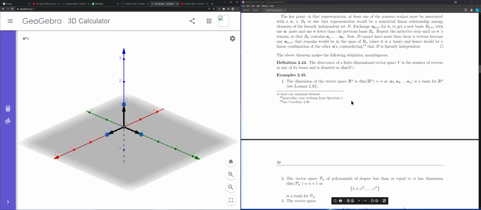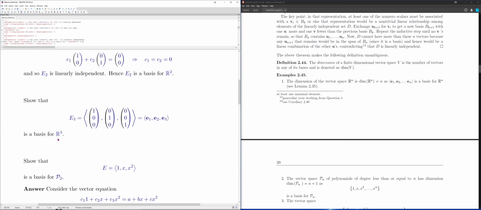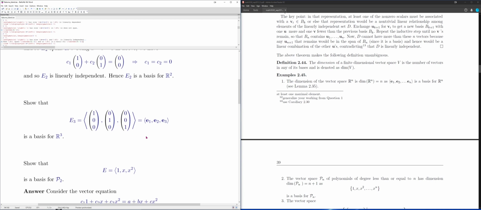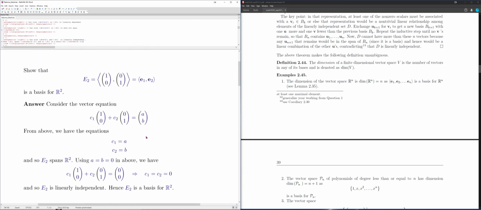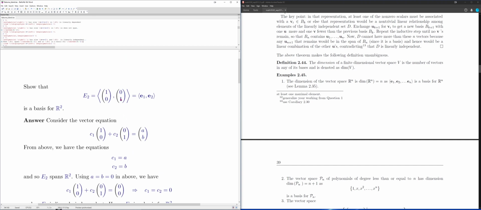More generally, if we're looking at R3, your standard basis vectors are (1, 0, 0), (0, 1, 0), and (0, 0, 1). And the standard basis vectors for R2 are (1, 0) and (0, 1). Notice there's a pattern in forming these standard basis vectors. Your first standard basis vector has 1 in the first position and 0s elsewhere. The second has 1 in the second position and 0 elsewhere. That's the case of R2.